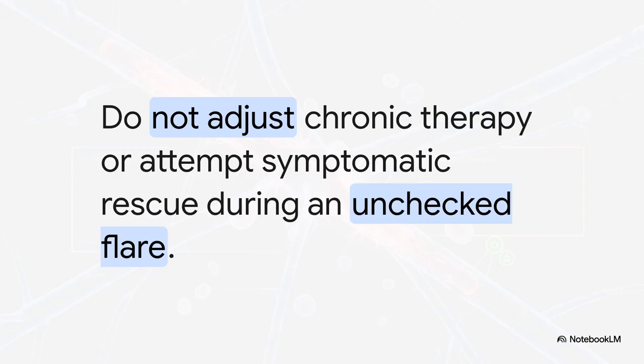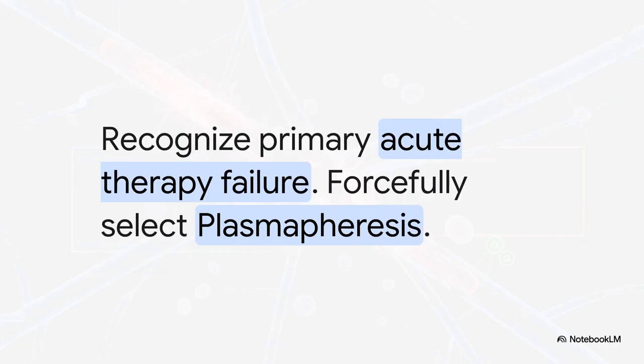You might think about increasing ocrelizumab, option A, or switching to glatiramer, option E, but you never ever adjust a progression shield during an unchecked acute flare. As for option C, IVIG, while it's great for Guillain-Barré or myasthenia, it is absolutely not the standard escalation for a steroid-refractory MS flare.